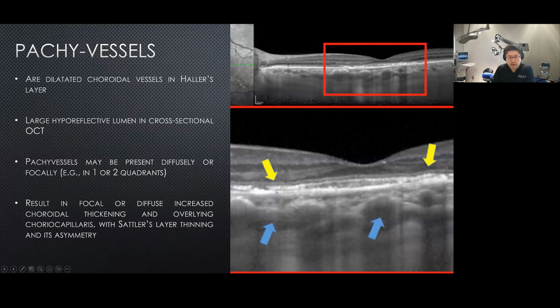And so we can see these pachy vessels as labeled by the blue arrow. These are large Haller's vessels, and as the vessel gets larger, it compresses on the inner choroidal vessels, like the Sattler's and choriocapillaris. And over time, because of disruption of choriocapillaris, you get RPE defect, and subsequently all the other following conditions.